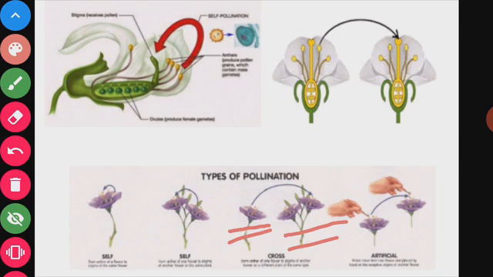So we can say that pollination cannot take place on its own. It needs some agents to help in the process. Okay, these are external agents like wind, water and insects. They all are called agents of pollination, or pollinating agents.